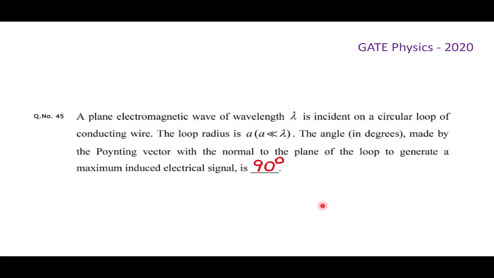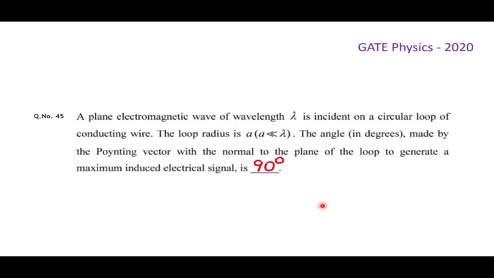Sir, can we assume that if we just place something like a loop in the electromagnetic wave, then its intensity will decrease? If a conducting loop is placed and you apply an electromagnetic wave, then its intensity will decrease after we come out from the loop, at any distance x equal to a.